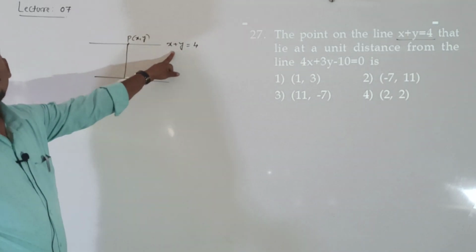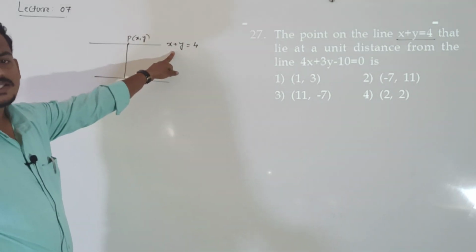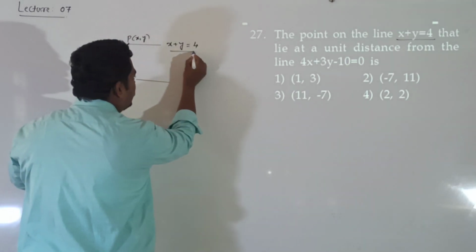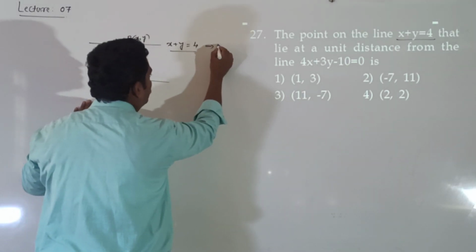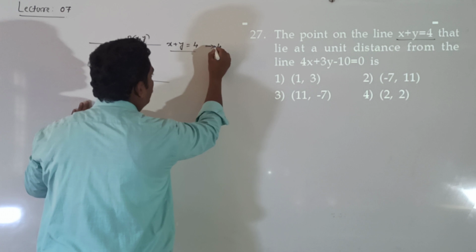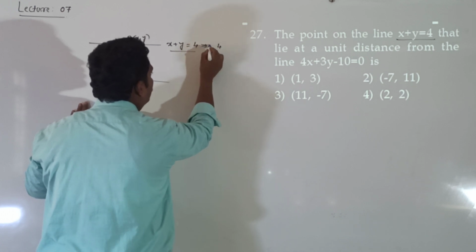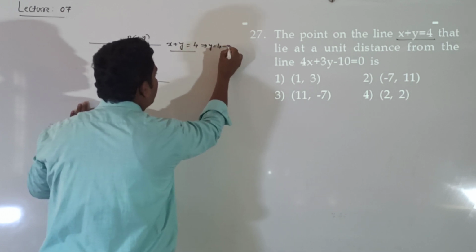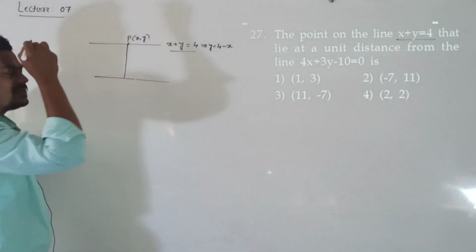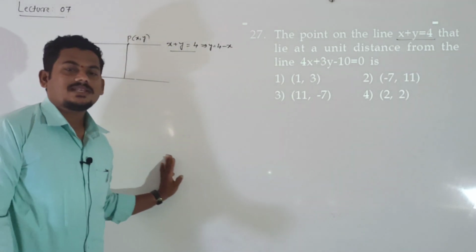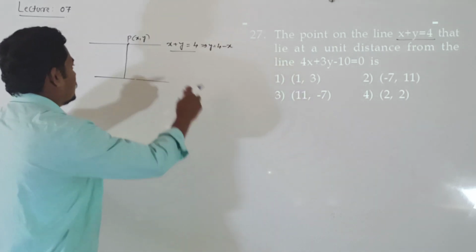From this, what is the y coordinate? In general it is x comma y. From this, what is the y value? y is equal to 4 minus x only. Means instead of this y, shall I take 4 minus x? Yes.